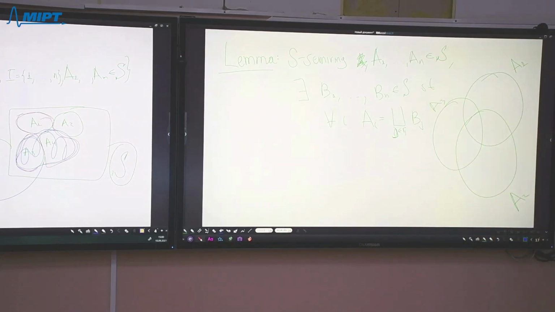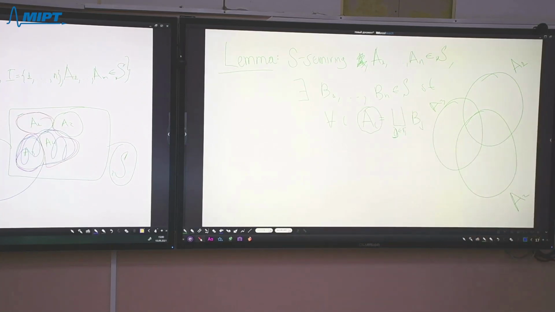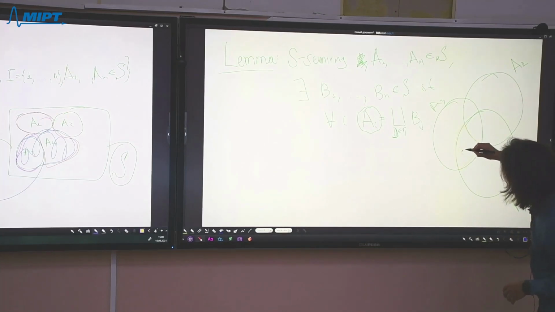Yes? All of these are sets of S, elements of S. So each of these sets A_i, we can express it as a union of other sets of S. So we can take new sets. For example, we can take this set from here, let's call it B1.